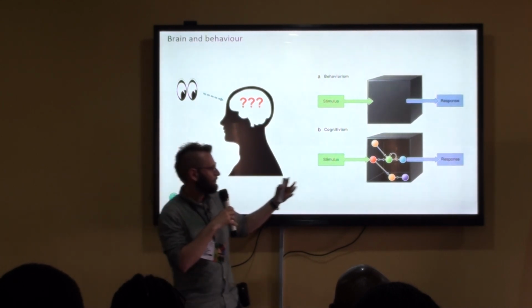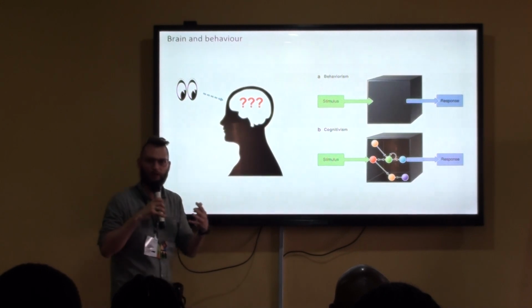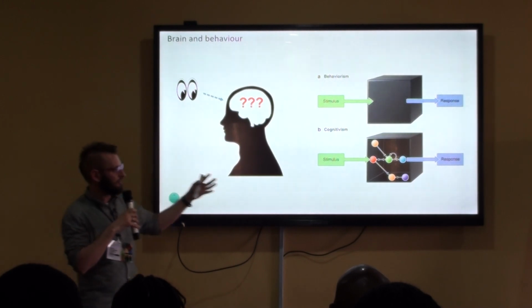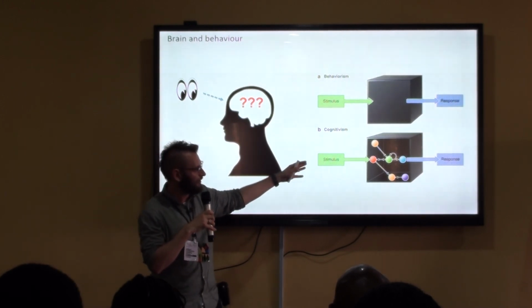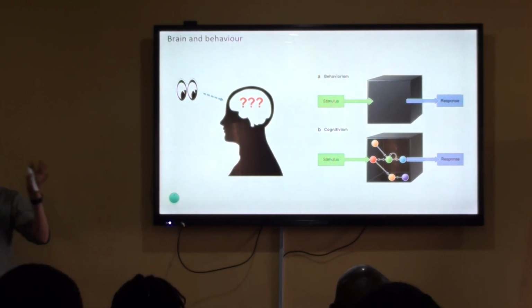What this schematic illustrates is the start of hypotheses about how different modules of function inside the mind would process the incoming stimuli and then lead to a response. Cognitive science 101 here.